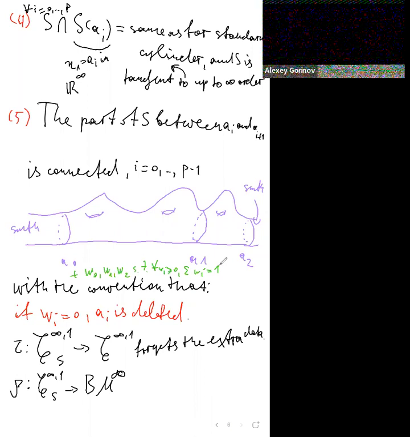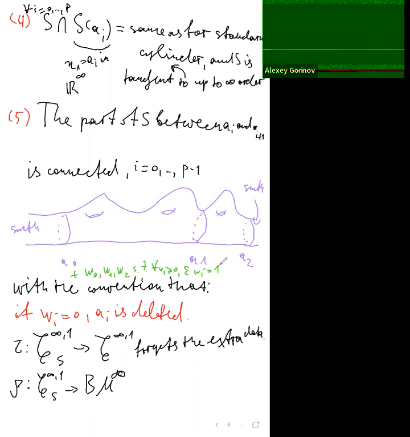Okay, so how do we construct an element of Bm infinity starting from this data? Are there any suggestions?